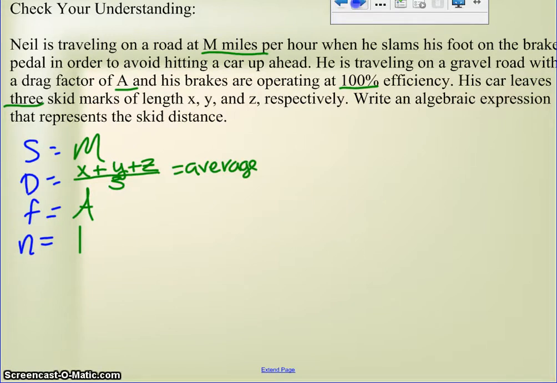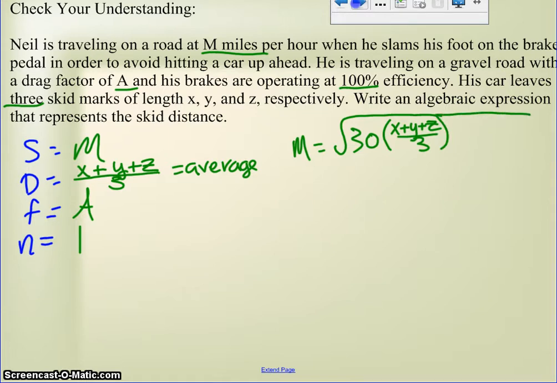So plugging into the formula, I've got m equals the square root of 30 times x plus y plus z divided by 3, times a times 1.